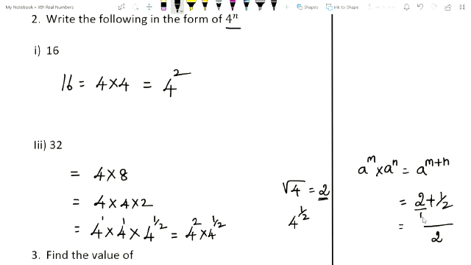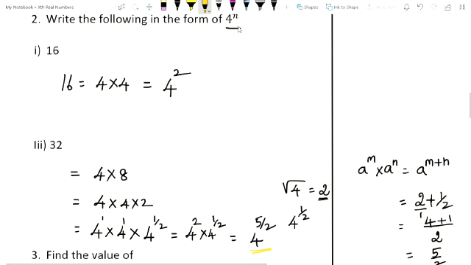Once I multiply the denominator, I have to multiply the numerator also. So 2 2s are 4, plus 1. So 4 plus 1, what you will get, children? 5 by 2. So how can you write this? 4 power 5 by 2. You understand, children? So this is the answer. What is the answer? 4 power 5 by 2.